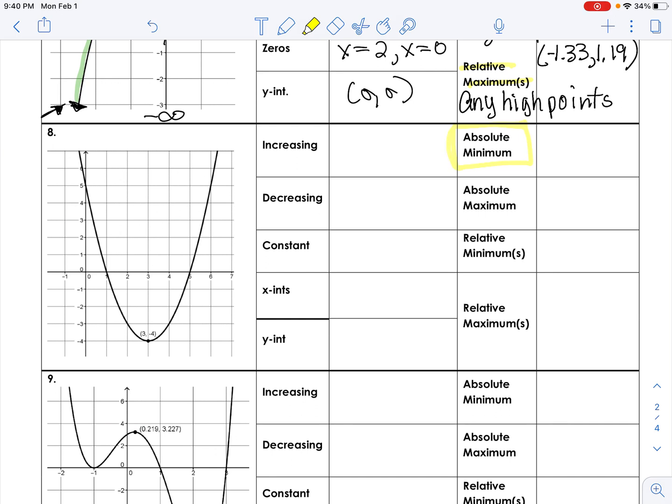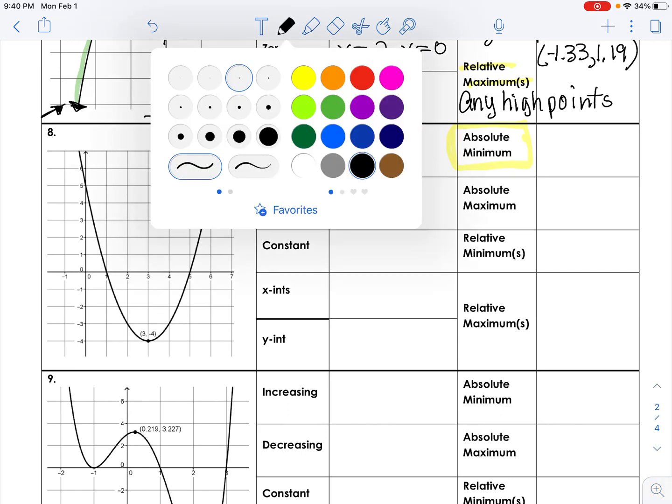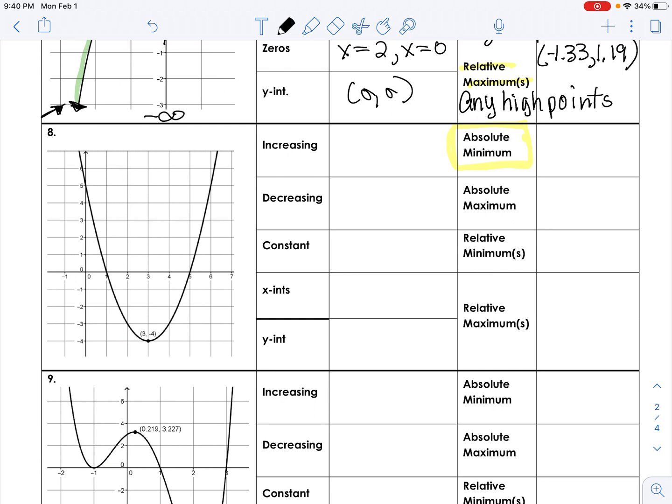So I'm going to put a highlight over that. But please fill out the whole chart. And then when you start the video again, you can compare your answers and see if you knew any of them. So try, but what's going to go in the Edpuzzle box is absolute minimum.